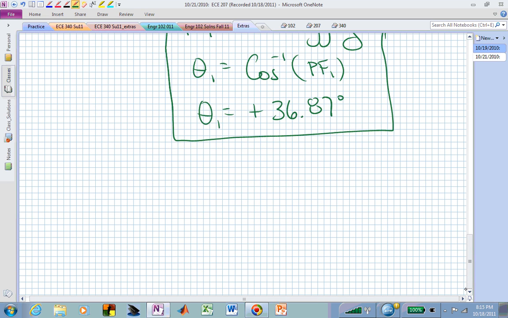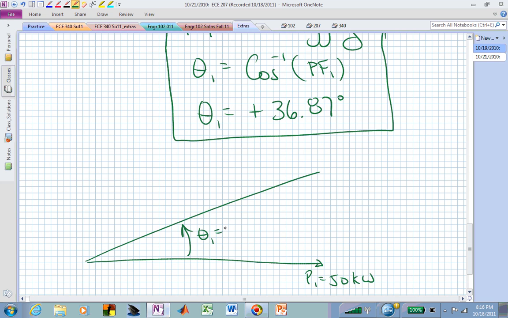The picture then associated with that, now we know what that angle actually is. We have a hypotenuse, we have the real part. Here is P1, 50 kilowatts. We now know what this angle is, theta 1. That's 36.87.